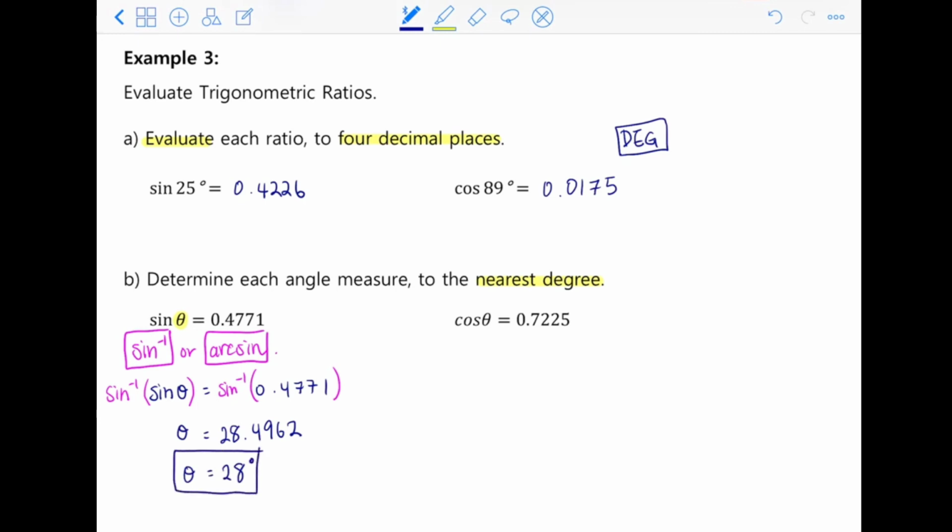Same for cos theta. When you're looking for the angle theta, we need to use an inverse trig function, and in this case, we'll have to use inverse cos, or you call it arc cos.